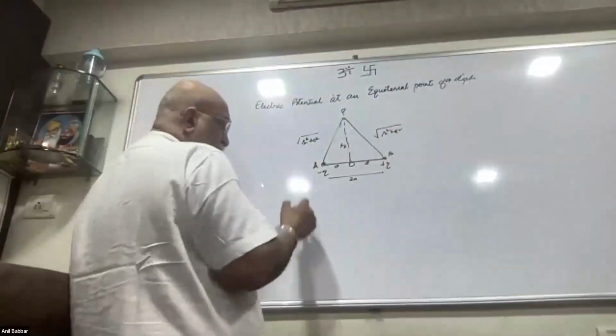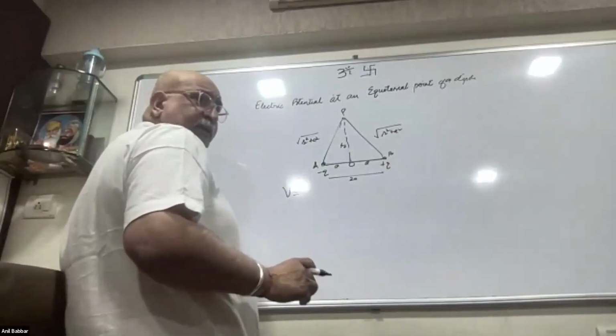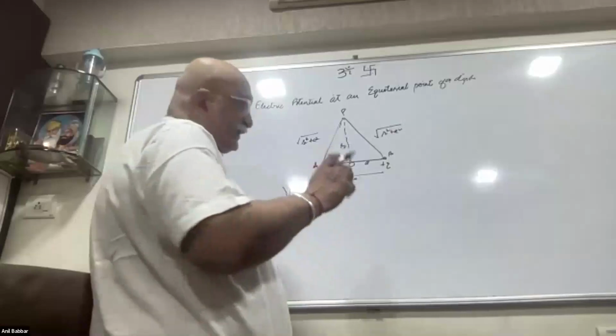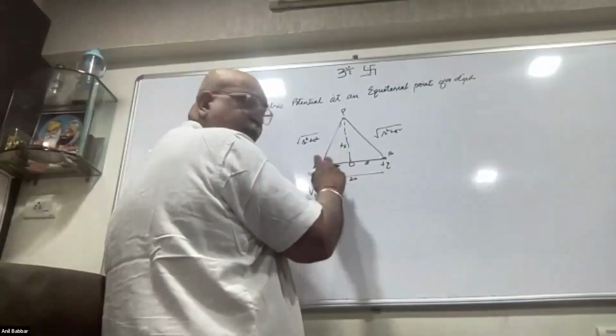Now, total potential due to dipole will be equal to the potential of the two charges, which is V1 plus V2, sum of the potential of the two charges.